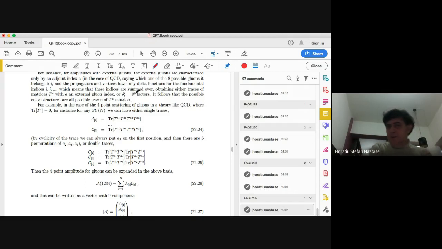Or there's also the possibility that I have a delta_ii of the same index, up and down, which gives just N, the number of colors.